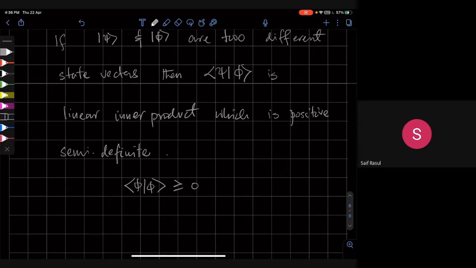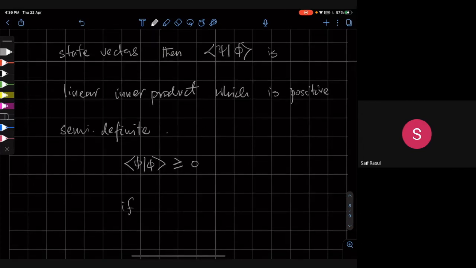And when it's 0, it's if and only if this is the 0 vector. Okay, so this is 0.